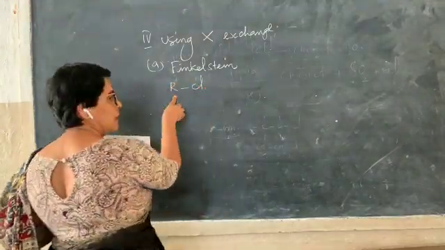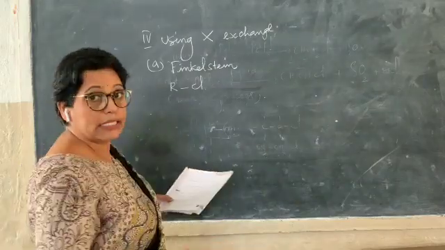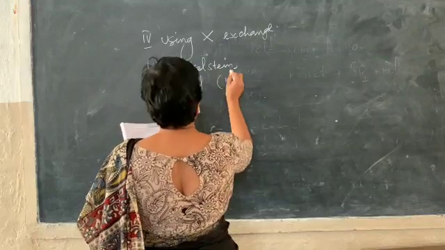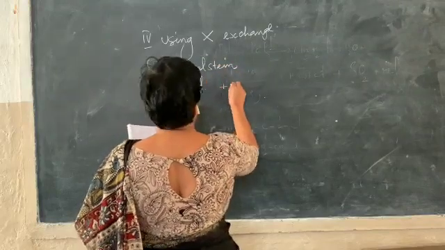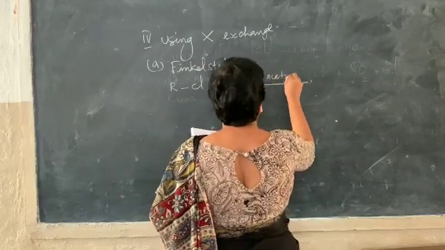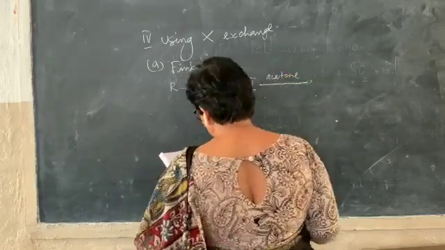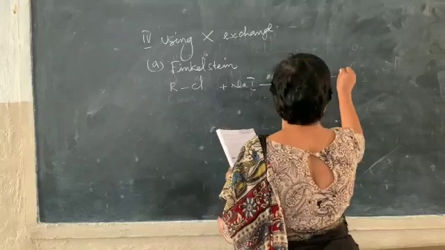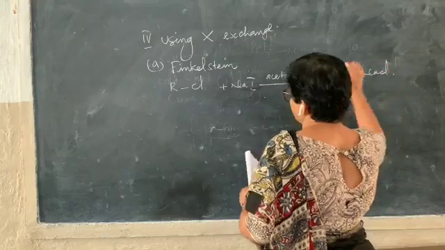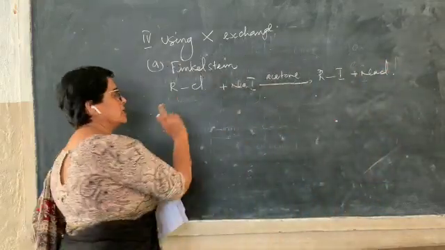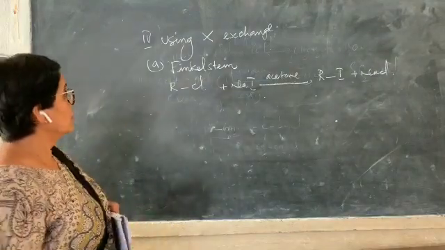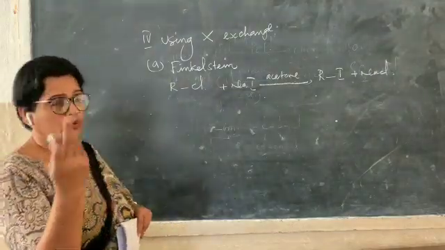RCl, where R is the alkyl group, plus NaI, sodium iodide, in presence of acetone. In acetone, RI will be formed along with NaCl also. So CH3Cl or CH3CH2Cl also can be here.